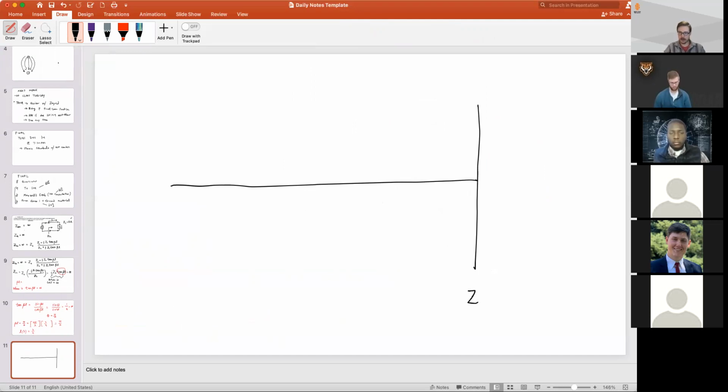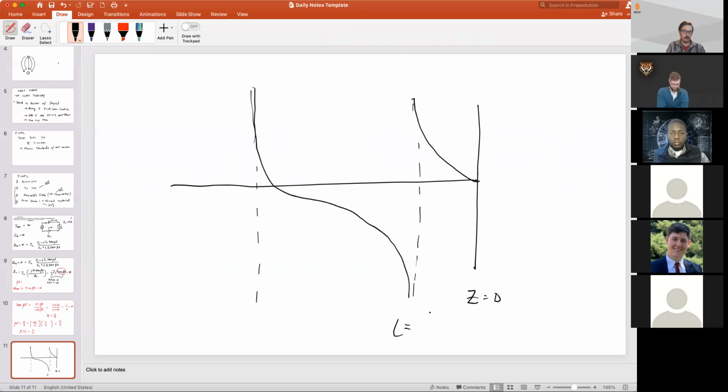So if this is z equals 0, and we have tangent, if L is equal to lambda over 2, at this point we would see infinite impedance.